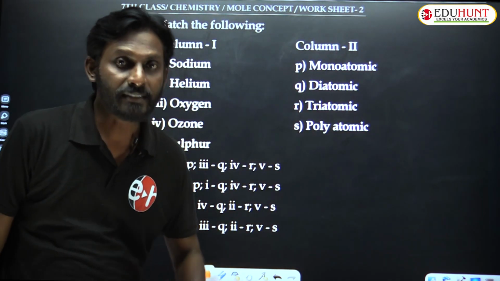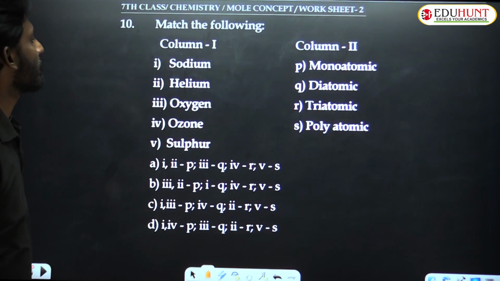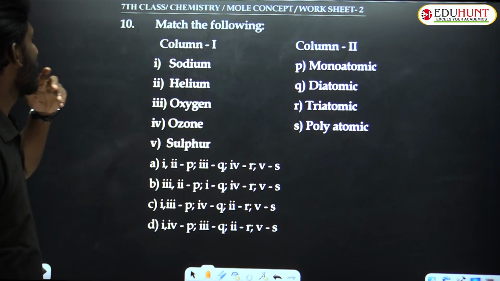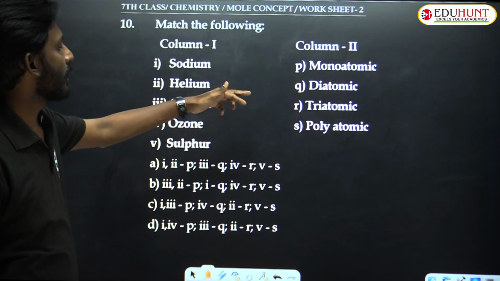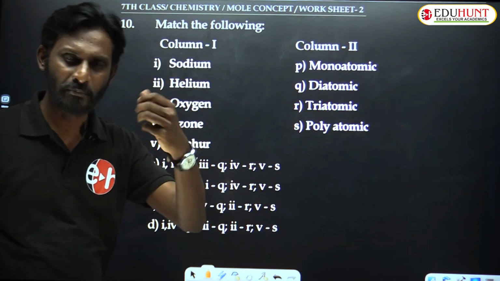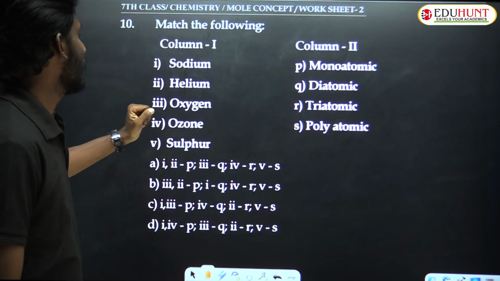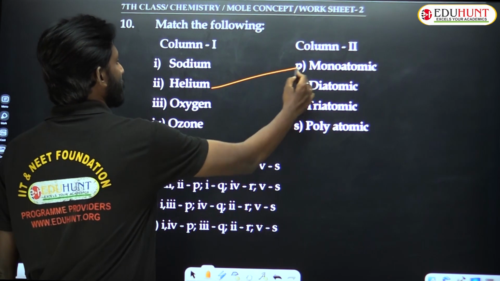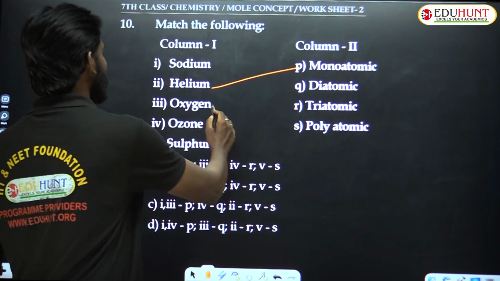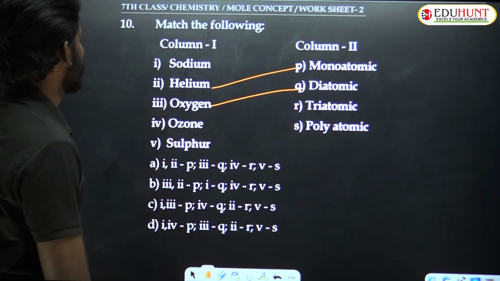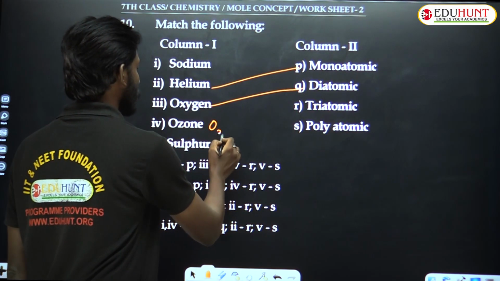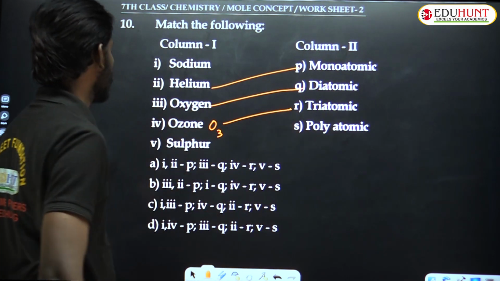Moving towards question number 10. Match the following. Sodium, monoatomic, diatomic, triatomic. Sodium is actually in metallic form, metallic bond. Helium can be monoatomic. Oxygen, diatomic. Ozone will be O3, triatomic.